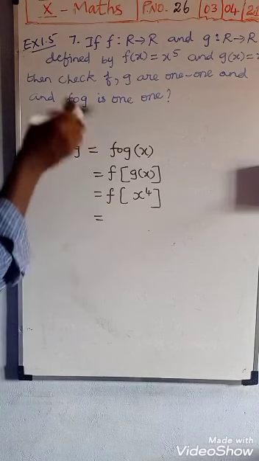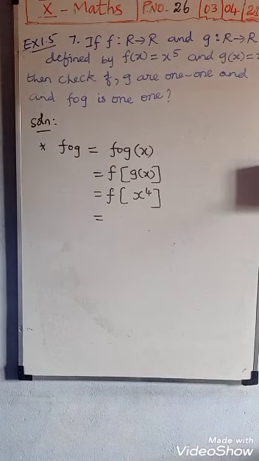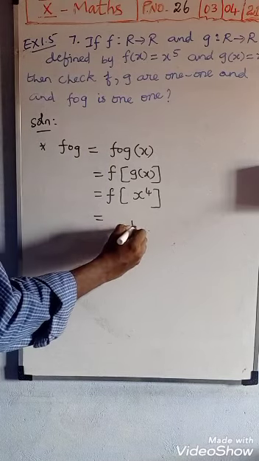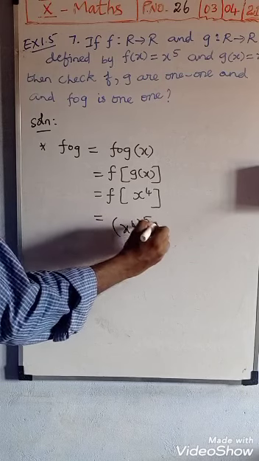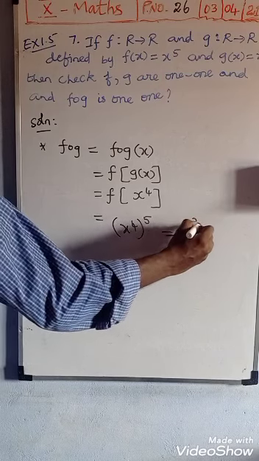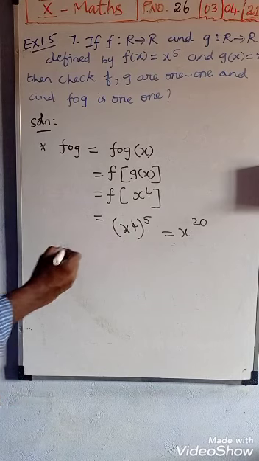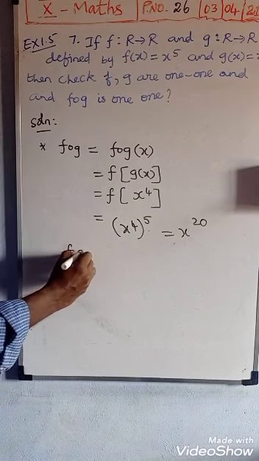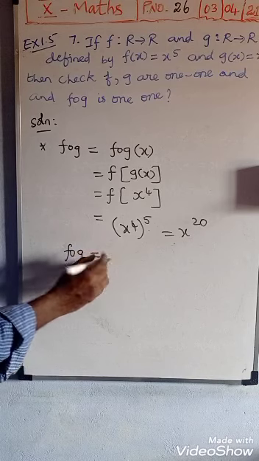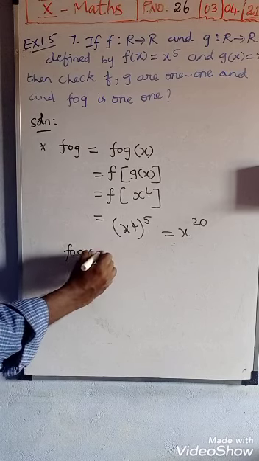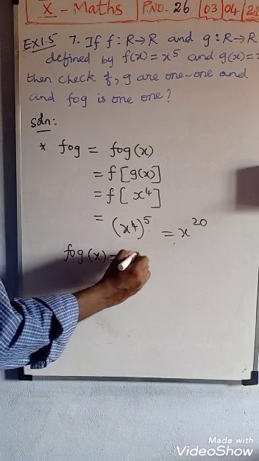The function f is x^5, so instead of x you substitute x^4, whole power 5. So we will receive x^20, since 4 times 5 is 20. Therefore (f∘g)(x) you are receiving as x^20.